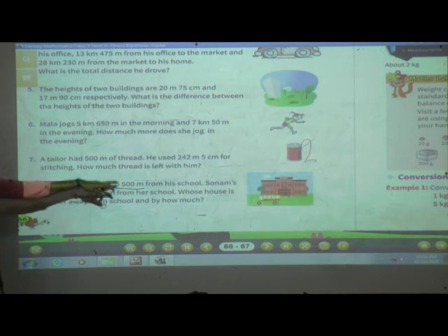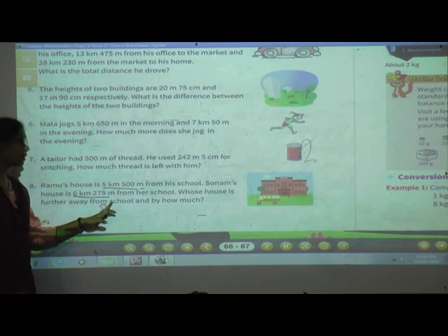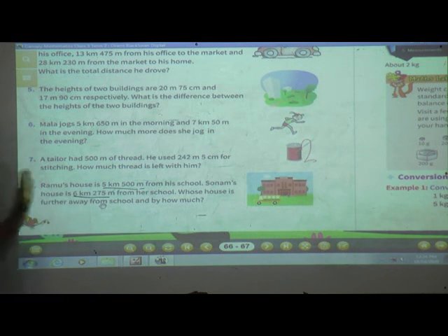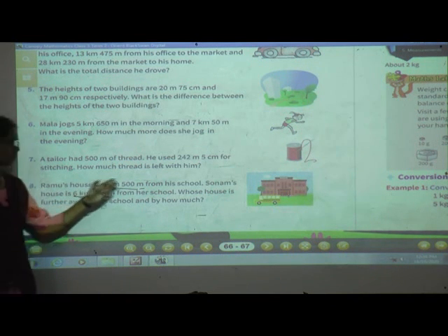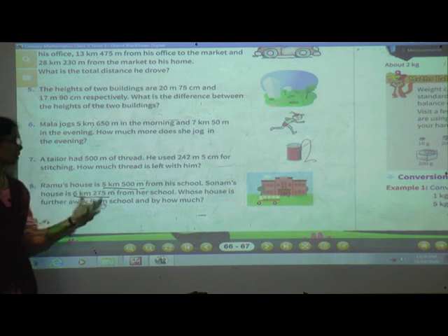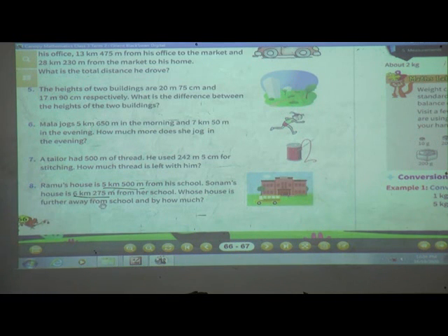Here 5 kilometer 550 meter and 6 kilometer 275 meter. Here two units you can see, that is kilometer and meter. Now in these two units, which one is greater? Kilometer is greater. So you just have to compare kilometers. Here 5 kilometer and here 6 kilometer is there. So which one is greater? 6 kilometer is greater. Means Sonam's house is further away from school.